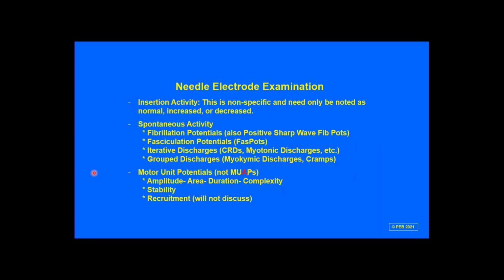Now, the needle electrode examination, we break down, of course, traditionally insertion activity. It's, of course, nonspecific and need only be noted as normal, increased, or decreased. Spontaneous activity, with fibrillation potentials, which also can be in the form of positive sharp wave fibrillation potentials, fasciculation potentials, and then these nonspecific iterative discharges like CRDs, myotonic discharges, or group discharges like myochymic discharges.